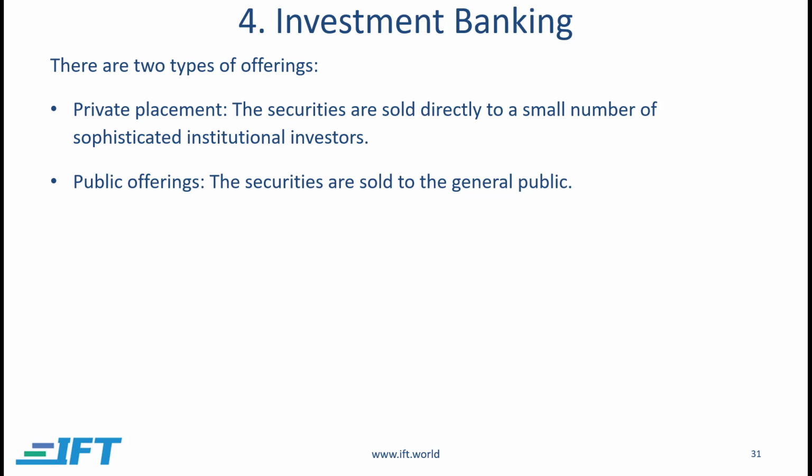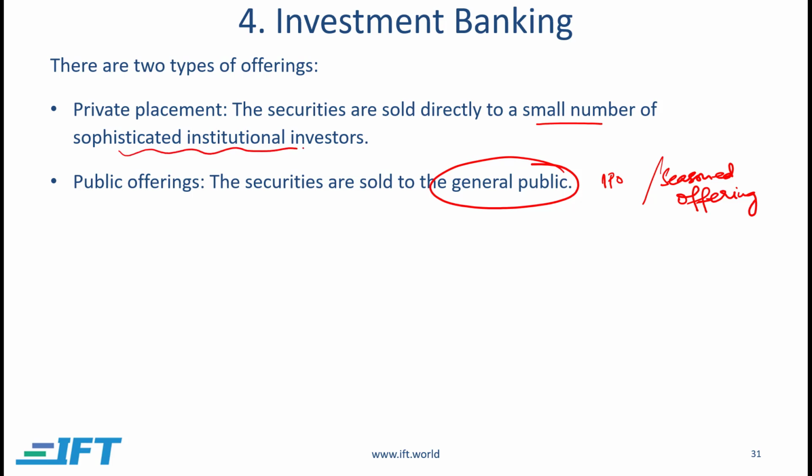Now, either these new securities are sold to the general public, which is usually the case in an IPO, or if the company has already sold shares once, then it will be called a seasoned offering or a secondary offering, right? Or it can be sold to a small number of sophisticated institutional investors, which is called a private placement.